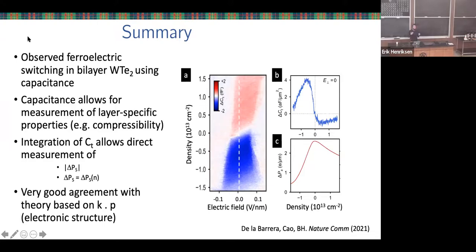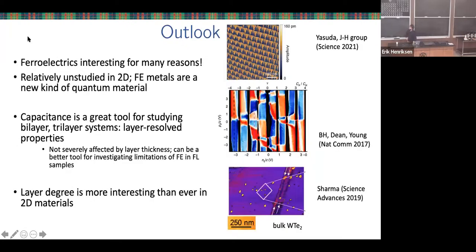So that tells you about the band structure origin, including spin orbit coupling, of the layer polarization of the wave functions, which tells you about where the electrons have to go when you change the density, and that tells you about the polarization. So it's a relatively new technique for doing this kind of measurement, especially in 2D metals.